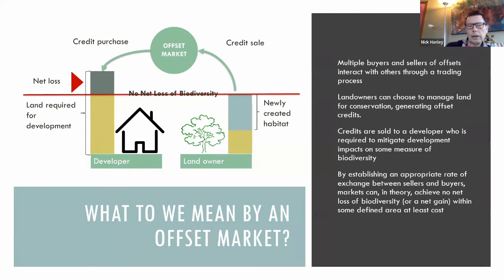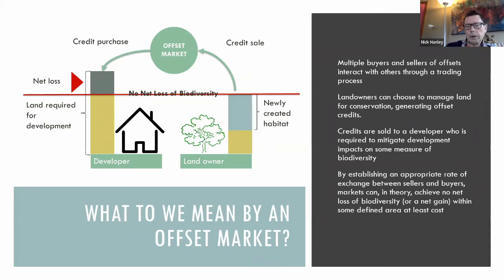And the way they can do that is by buying credits. And those credits are going to be supplied by land managers who are going to freely choose to change land management in a way which increases some measure of biodiversity. And then an offset bank or regulator is going to validate that process and say, okay, that earns you X number of credits. And then those X number of credits can be sold to the developer.